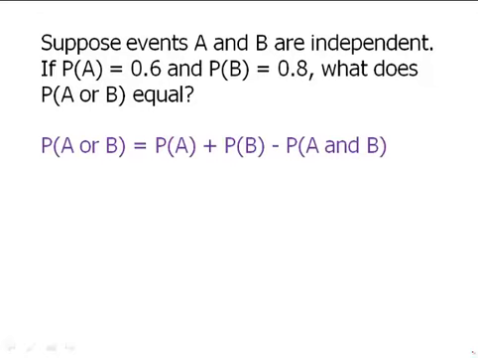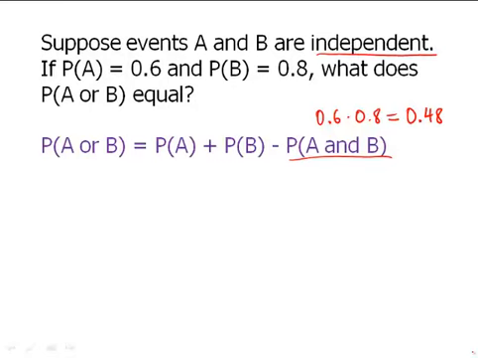We need to use the generalized or rule. So let's think about this. We know the probability of A, we know the probability of B. Probability of A and B, well, we can get that because the events are independent. We can get this by multiplying. That would be 0.6 times 0.8. The probability of A and B would be the probability of A times the probability of B. 0.6 times 0.8 is 0.48.